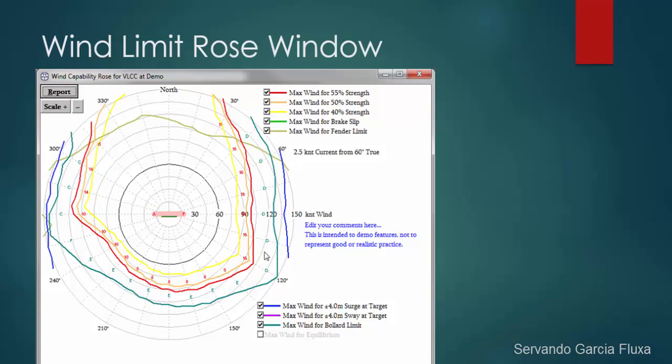So for example, this red line means that bollard D with a wind of 120 degrees direction and more or less 120 knots, the line is going to reach its 55% of strength.